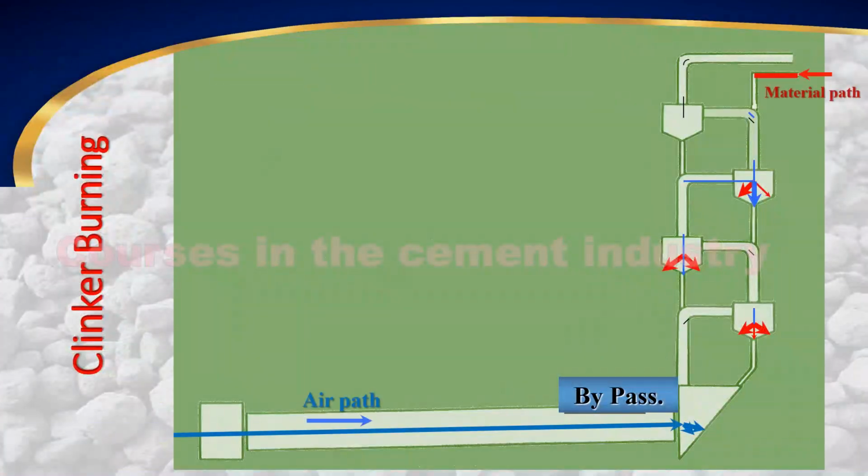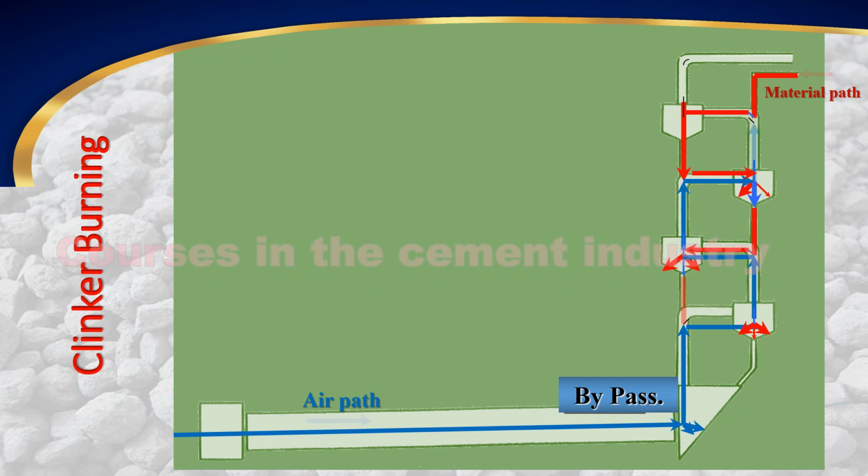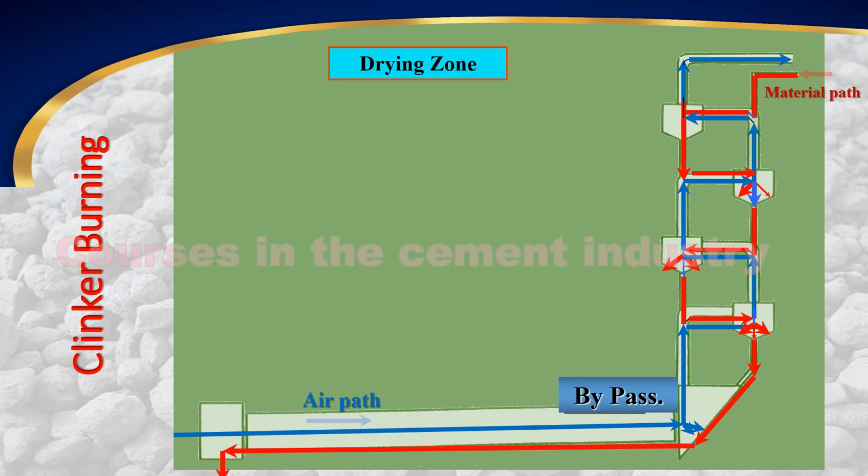The figure shows the path of the material entering the preheater from the top. It also shows the path of air entering the preheater. Also shown are the temperatures inside the preheater for each zone, as follows. 1. Drying zone. The temperature in this zone is 100 degrees. 2.